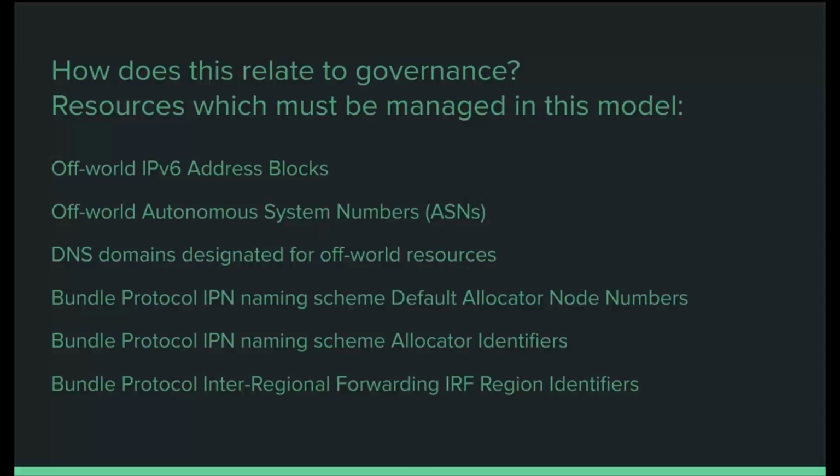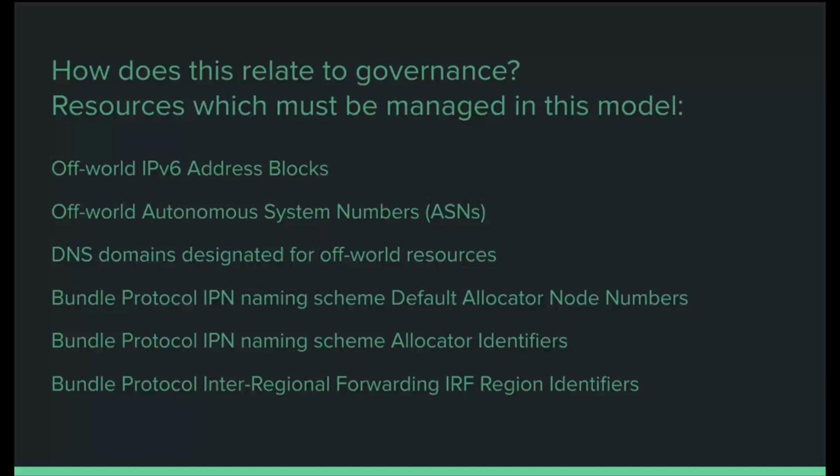Next, there are domain names designated for off-world resources. At present, we use sol.int, which was allocated to the CCSDS as an international treaty organization for the naming of off-world domains.